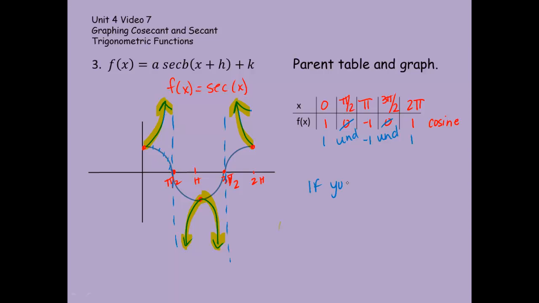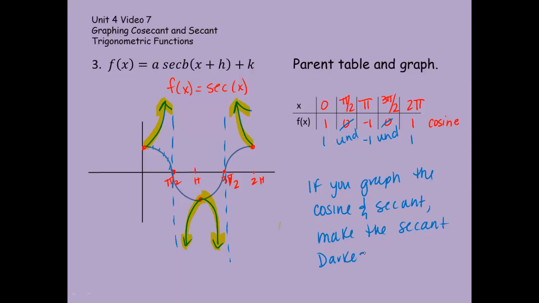If you graph the cosine and secant, make the secant darker, so that I can grade it and know that you actually only intended me to grade that part.